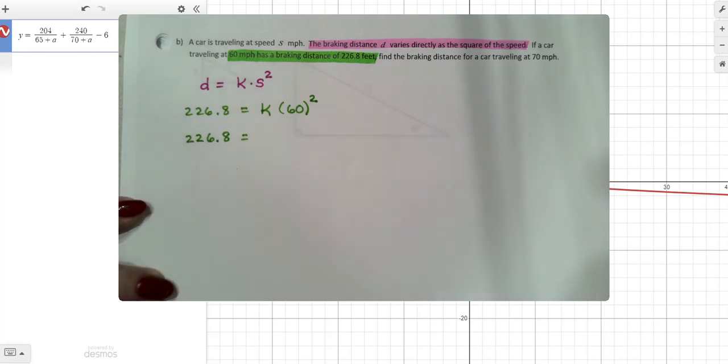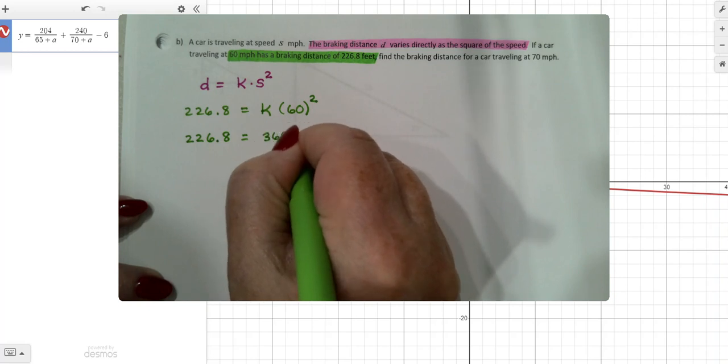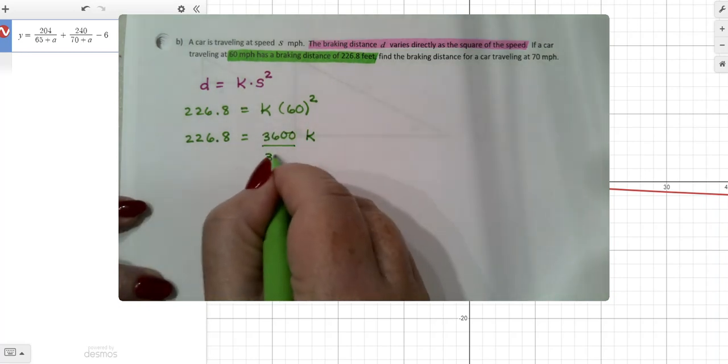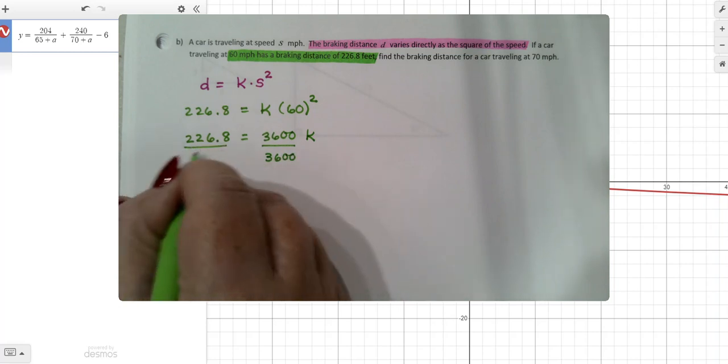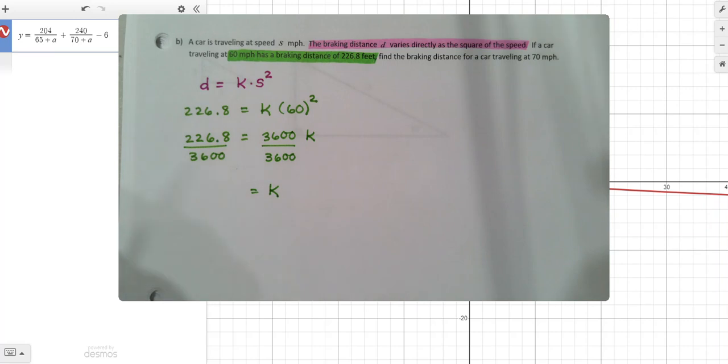So 226.8 equals 3,600 times K. And I can calculate my K value here.